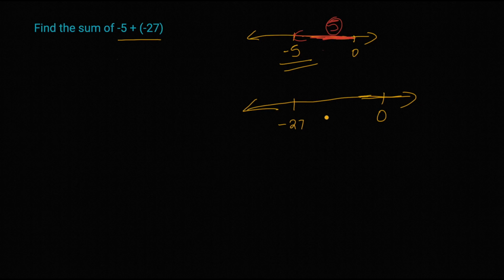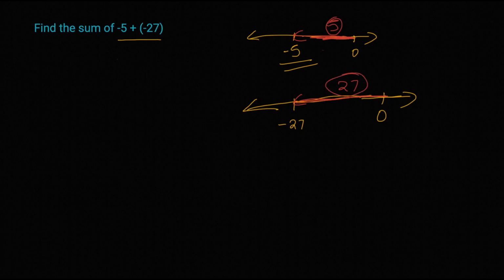To solve this, you're going to take the absolute value of this negative 27. It is always the absolute value of this number, so this number is going to be 27.